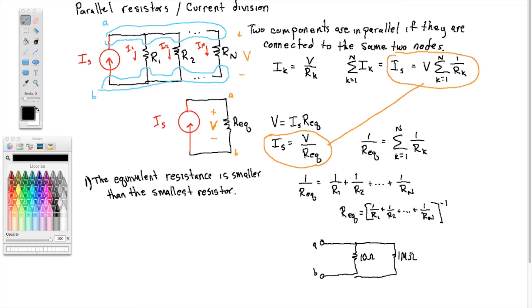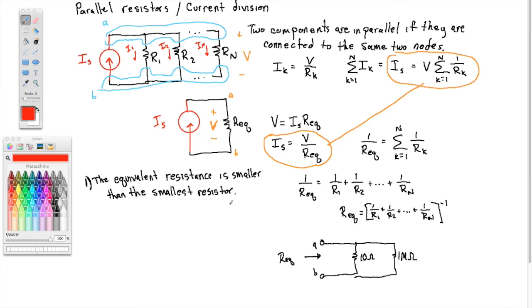Mega is 10 to the 6th, a million. My claim is that the equivalent resistance between those two nodes is less than 10, even with this thing being a million. It's true, and you can calculate it with this equation. You're going to get 9.999 something. But it is less than 10. It has to be.